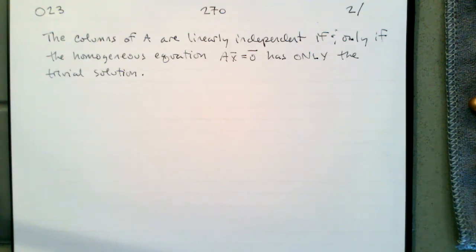If I want to rephrase this statement for linear dependence, we would say that the columns of A are linearly dependent if and only if the homogeneous equation AX equals 0 has a non-trivial solution. That's the opposite of only. The thing that I want to point out here is that the homogeneous equation is always consistent.